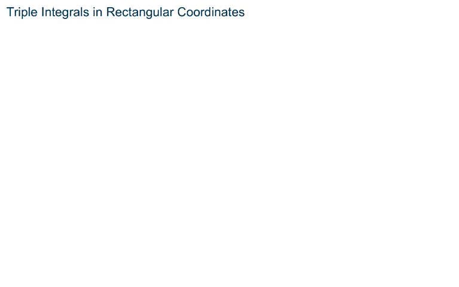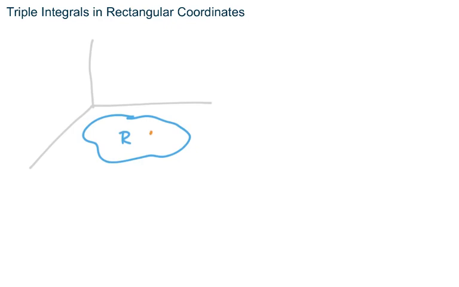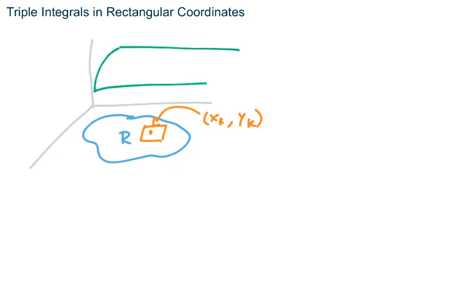So let's just think about what we've been learning thus far. So far, we've got some region, and on that region, we can choose a point, x sub k, y sub k. Essentially we subdivide that region into rectangles, and we map those rectangles up to some surface in space, right?